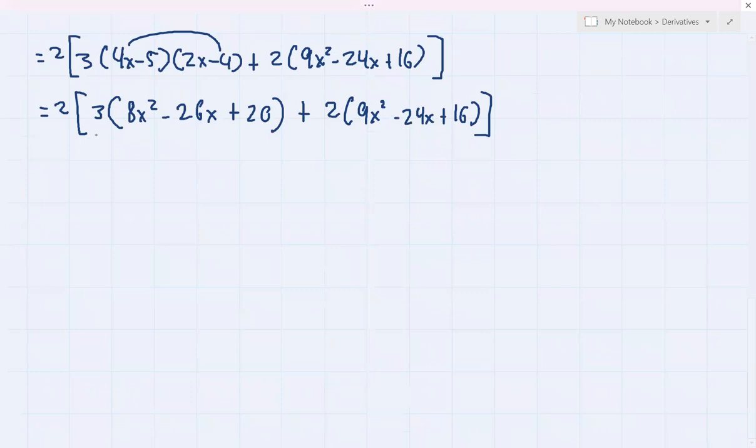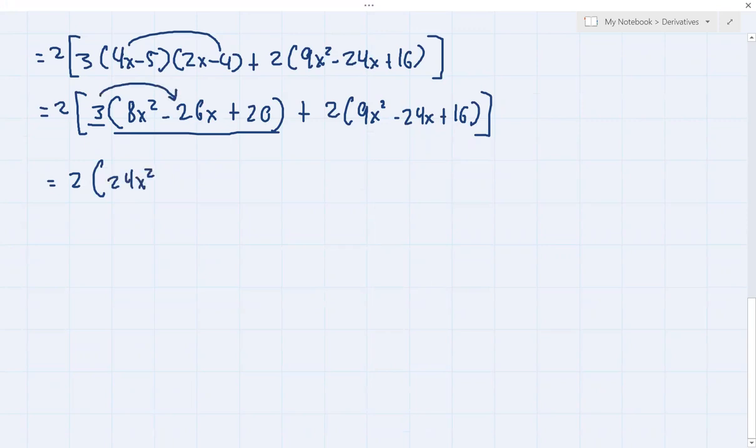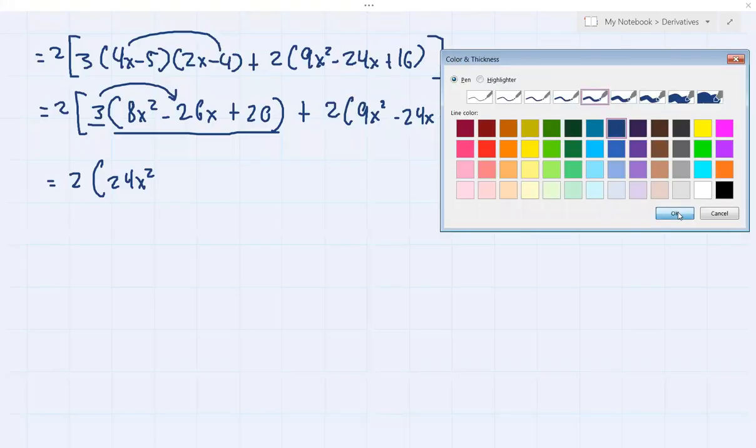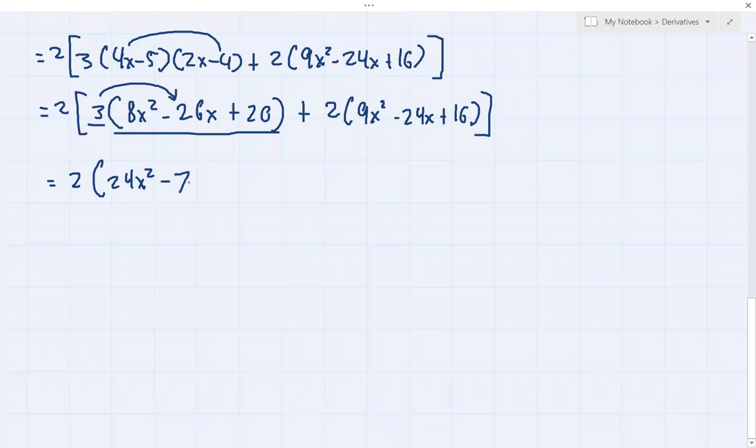So, let's distribute 3 to this expression. So, we will have 3 times 8x squared, sorry, that becomes 24x squared. Next, 3 times negative 26x. So, this is negative 78x. Then, 3 times 20 becomes 60.